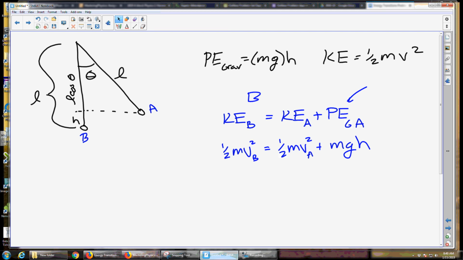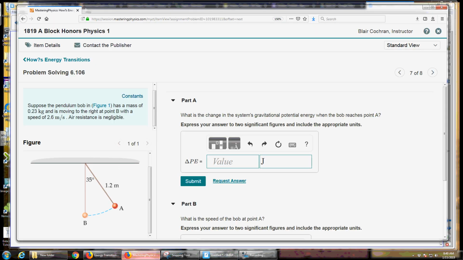So really what you need is this equation for part B. For part A, you just need to do the PE grav at A is mgh. I think. Let's see. Yeah.